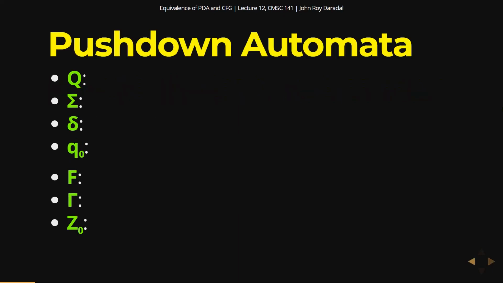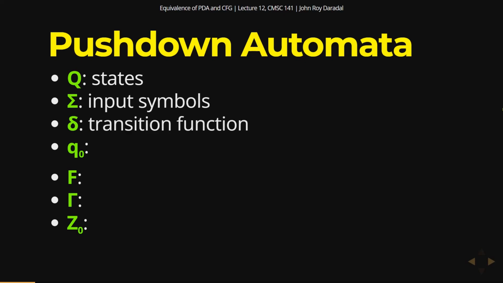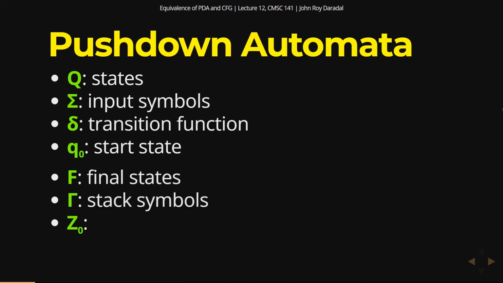Whereas pushdown automata is made up of 7 parts. We have Q, the set of states, sigma, the set of input symbols, delta, the transition function, Q sub 0, the start state, F, the set of final states, gamma, the set of stack symbols, and Z sub 0, the start symbol on the stack.